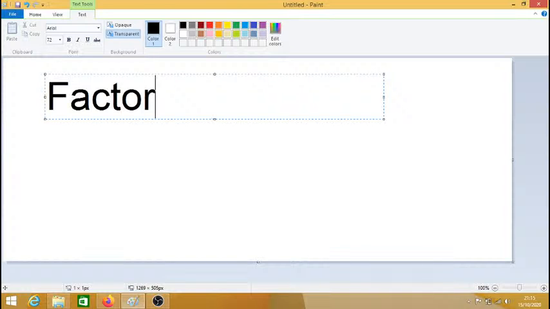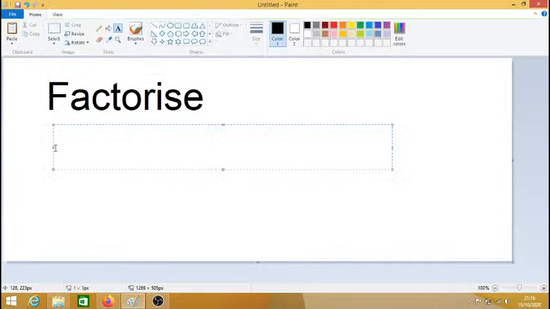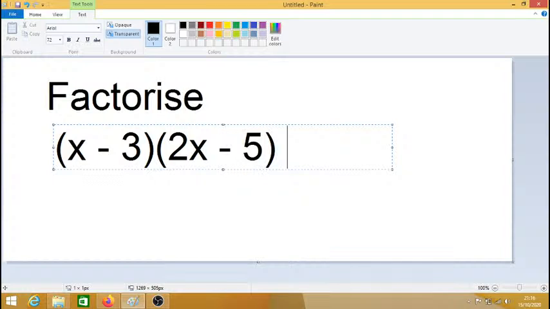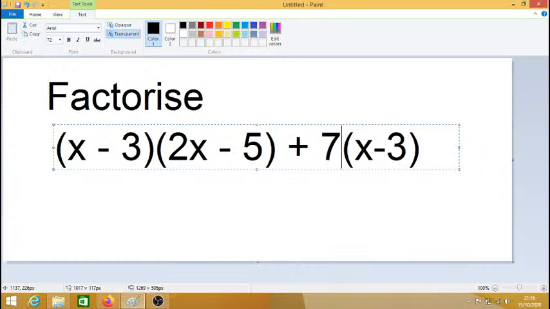So let's say I want you to factorize x minus 3 times 2x minus 5, plus x minus 3 times 7.